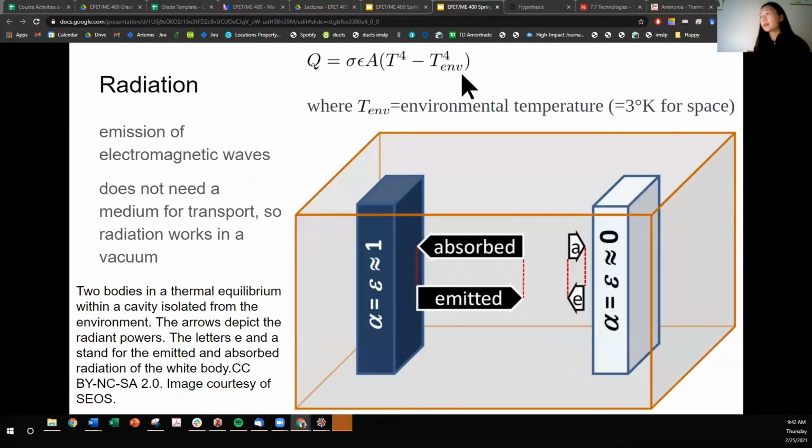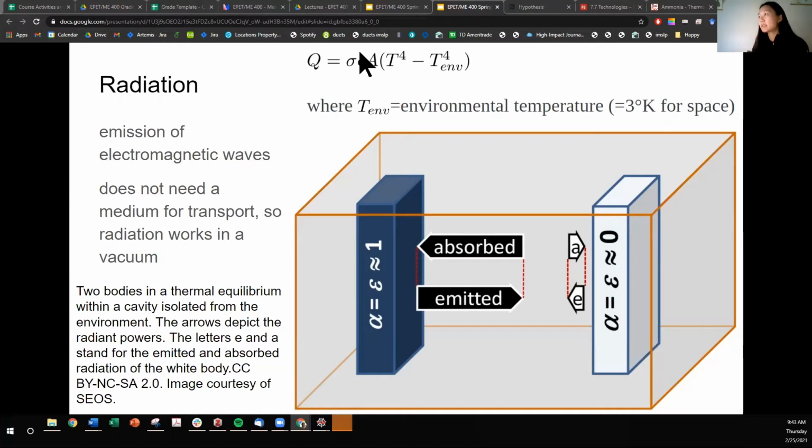The equation that governs radiative heat transfer is given up here, where the rate of heat transfer by emitted radiation is determined by the Stefan-Boltzmann law of radiation. That's what this equation is called. And accordingly, the Stefan-Boltzmann constant is this sigma. It's about 5.6 times 10 to the negative 8 joule per second, meter squared, Kelvin to the fourth.